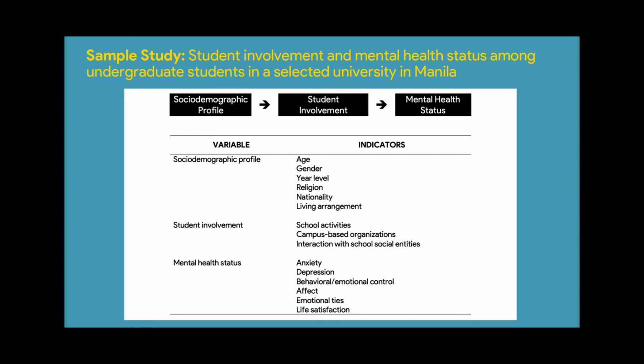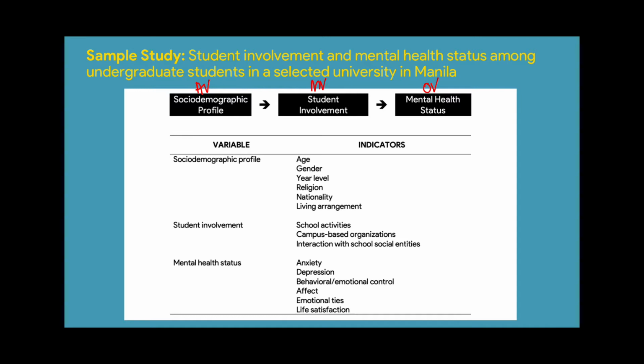Let's look at the study entitled Student Involvement and Mental Health Status among Undergraduate Students in a Selected University in Manila. In this study, the main variable is student involvement, the outcome variable is mental health status, and the antecedent variable is socio-demographic profile. Just like the problems I asked you to come up with for the previous output, there are three variables here.